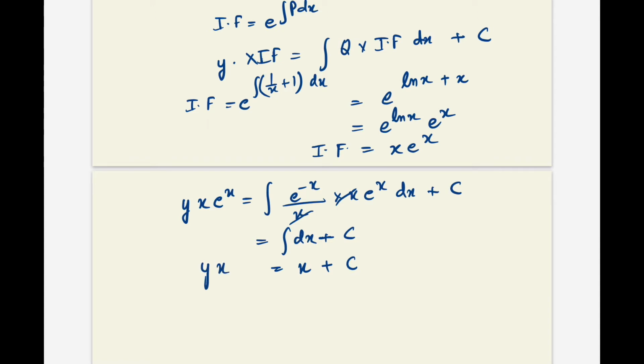So y x e to the power x equals x plus c, so y equals x plus c divided by x e to the power x.